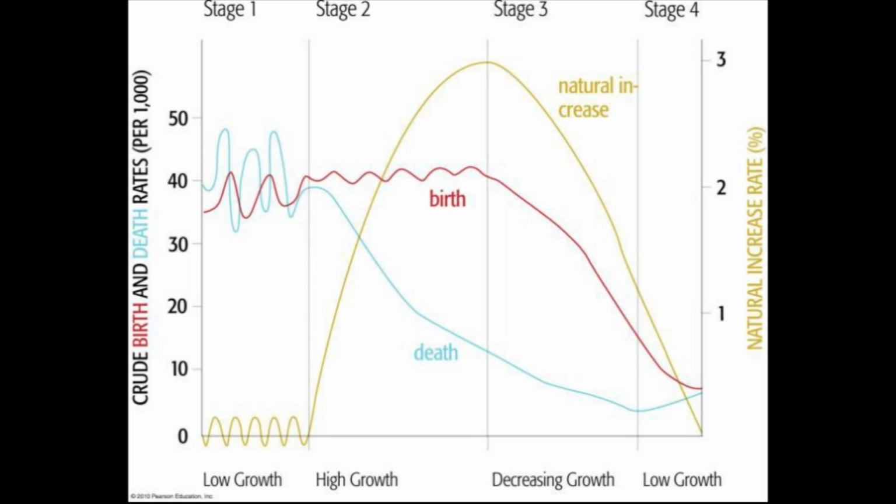A lot of our developing countries are currently stage 3 status, but they're transitioning. Places like China, India, Brazil. These are countries that are emerging. They're moving to what we would call stage 4 or developed country status.